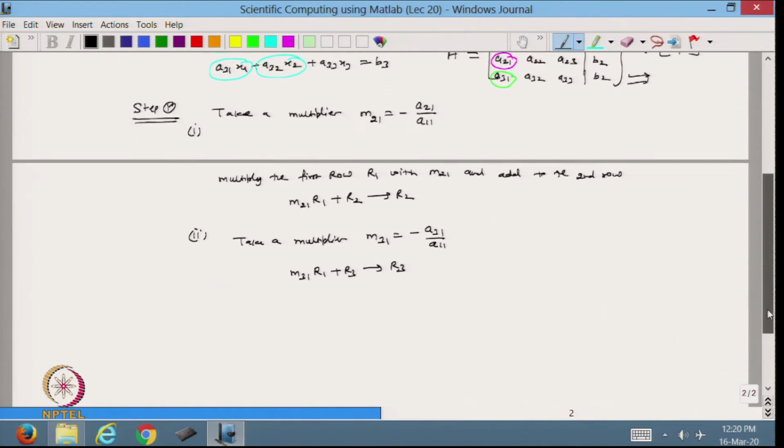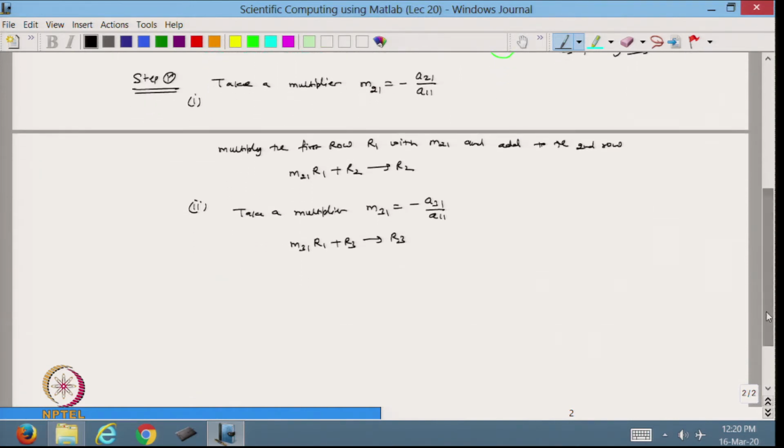After these two sub-steps, step number 1, my system reduces to the following. After the above steps, the system becomes A11 x1 plus A12 x2 plus A13 x3 is equal to B1, because there is no change in the first row.